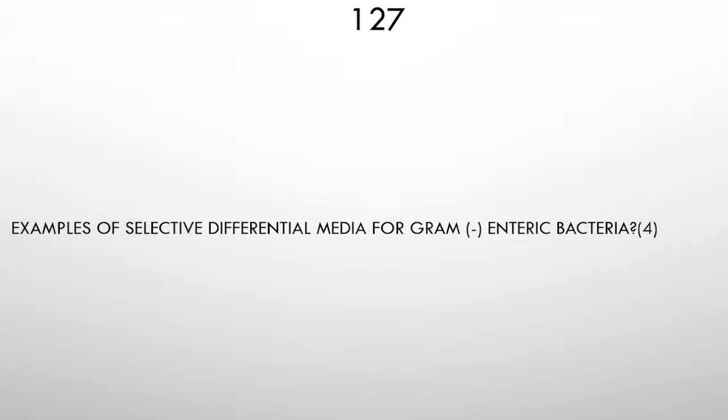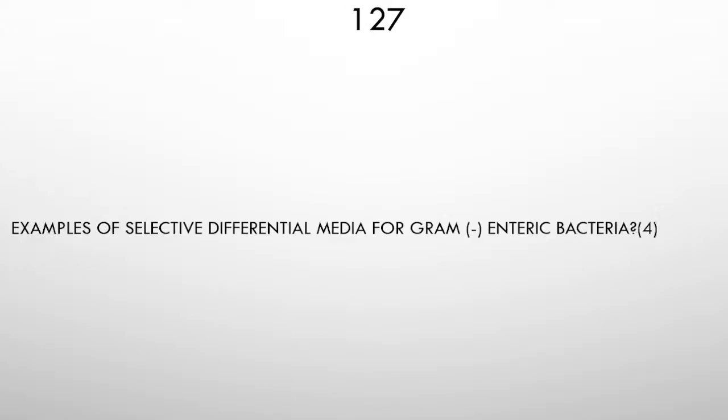But in this case, you have four differential media for gram-negative enteric bacteria. You have EMB, eosin methylene blue; MacConkey agar or MAC; HEA, Hektoen enteric agar, which can also come in a broth form; and SSA, Salmonella-Shigella agar. So they might ask you a question: which of the following is not used for the growth of gram-negative enteric bacteria or gram-negative enteric bacilli?